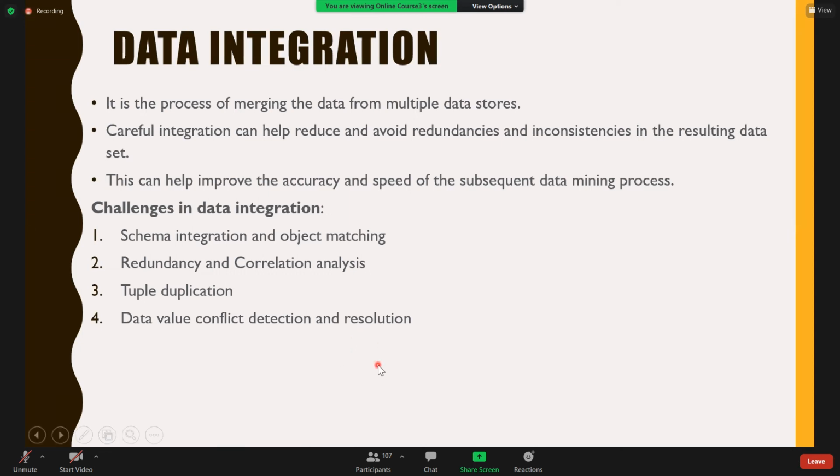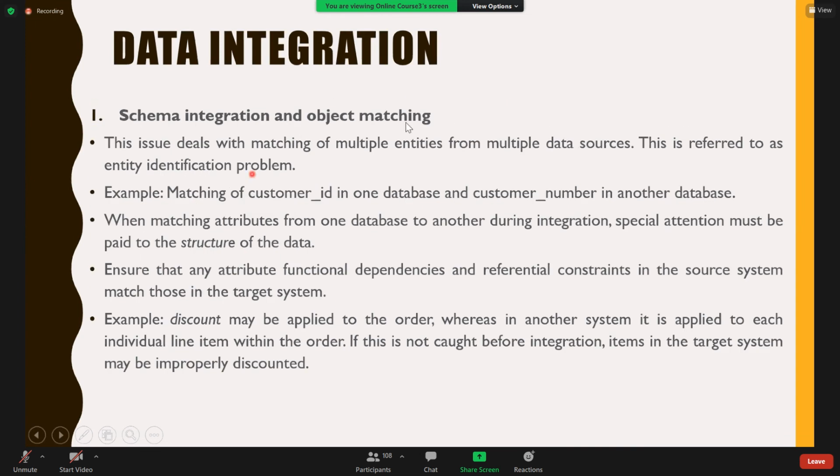The first one is schema integration and object matching. This particular issue will deal with how to match multiple entities involved in multiple data sources. Okay. We have customer-ID. So customer ID in one database, and in another database we have customer-number.